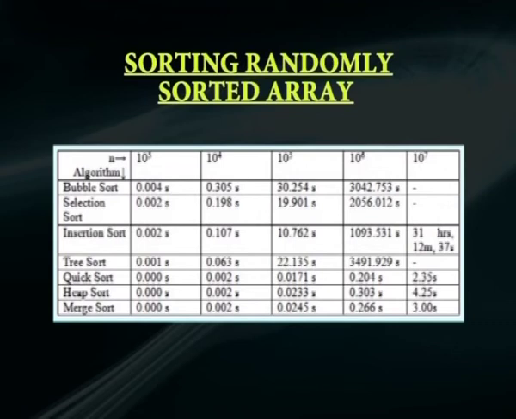Bubble sort and selection sort were expected to take even more than 31 hours, and we did not conduct experiments on them. Thus, we can see that for larger sets of values, these slow algorithms are practically infeasible to use. Thus, to decide the most appropriate sorting algorithm, we should keep the following points in mind.